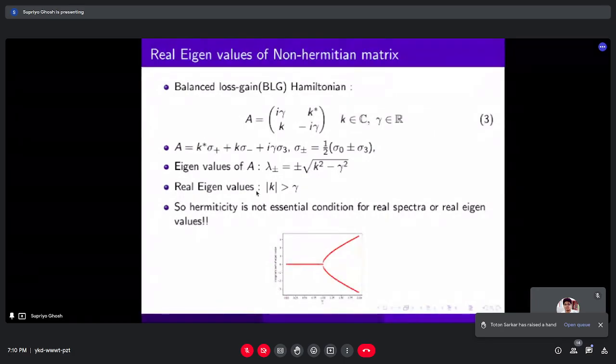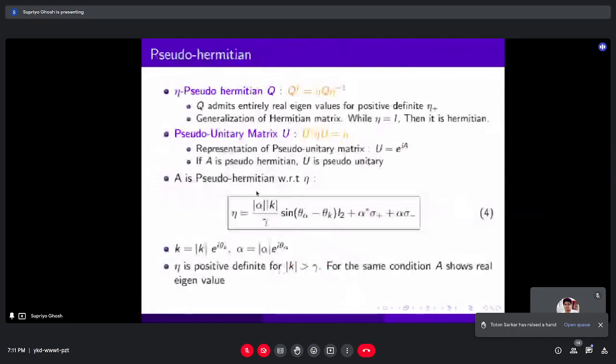Before that, when mod k is greater than gamma, we get the real eigenvalues. So hermiticity is not an essential condition for the real spectra or the real eigenvalue. Now, this kind of Hamiltonian can be grouped as a pseudo-Hermitian Hamiltonian.